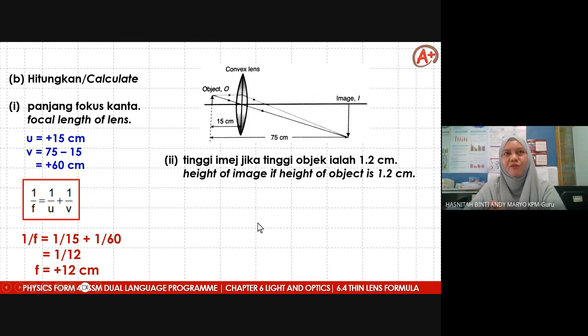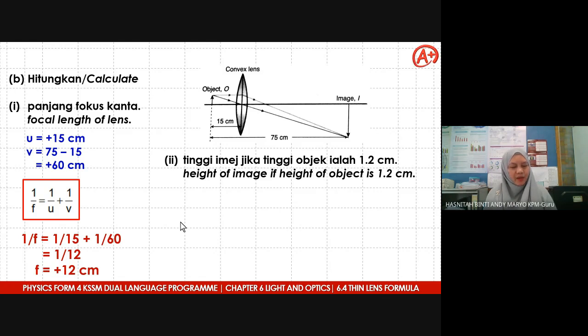So remember the formula for linear magnification. Who remembers? M is equal to V over U, equal to HI divided by HO. You can check the formula also in your workbook, page 136.